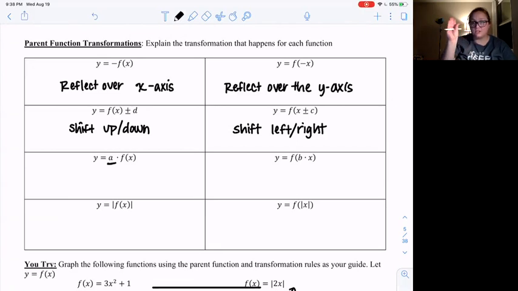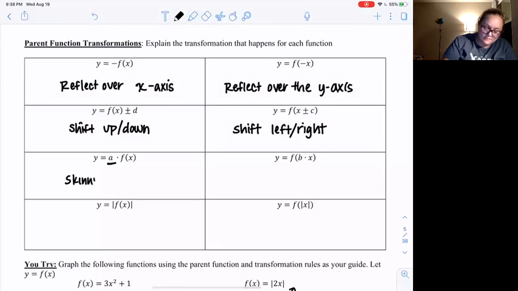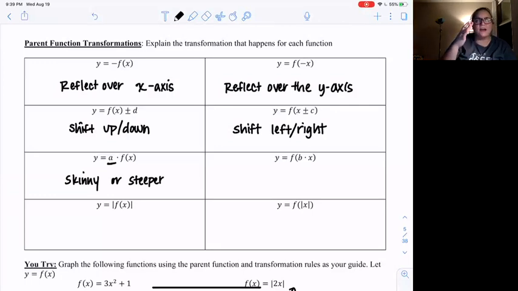So it's either going to create this thinner type of function, or it's also determined to be steeper. So I say it goes skinny or steeper. And so if this is going skinny or steeper, then the other way would go wider and flatter.